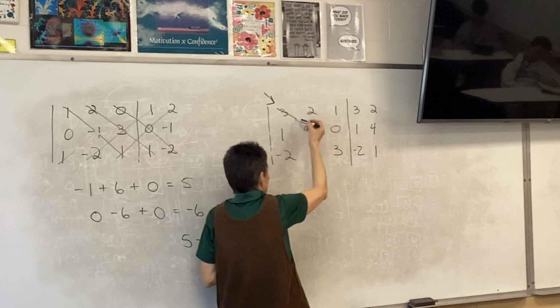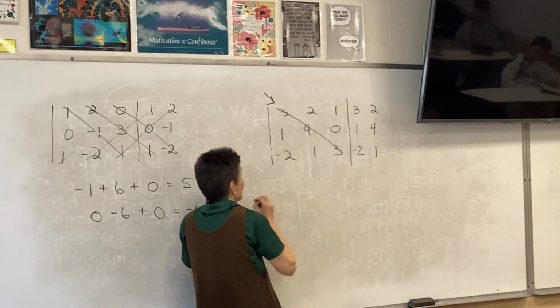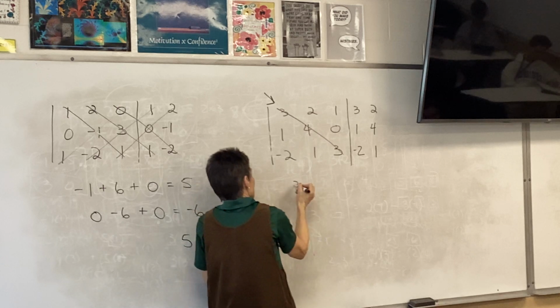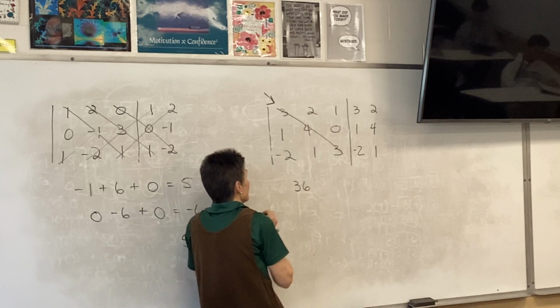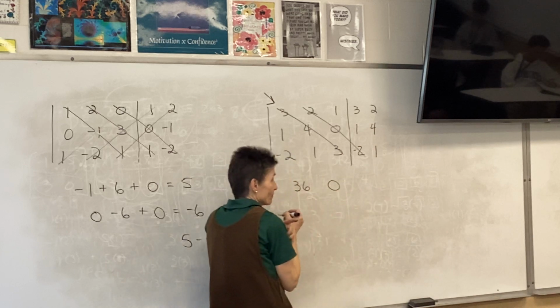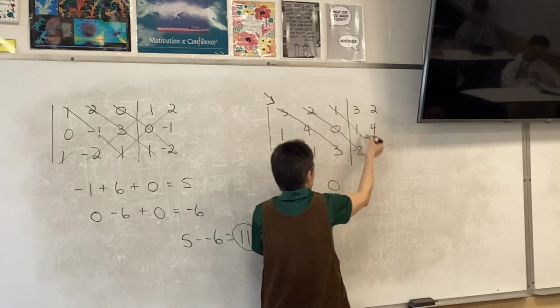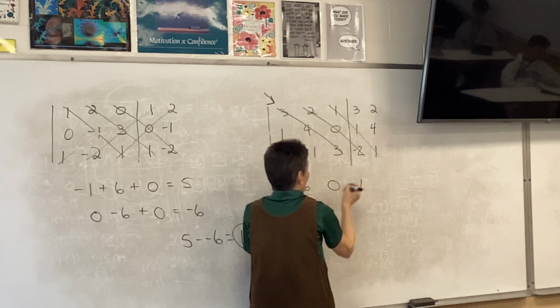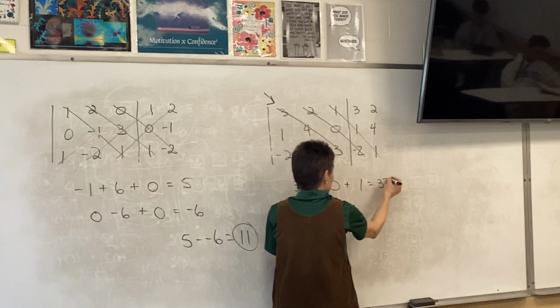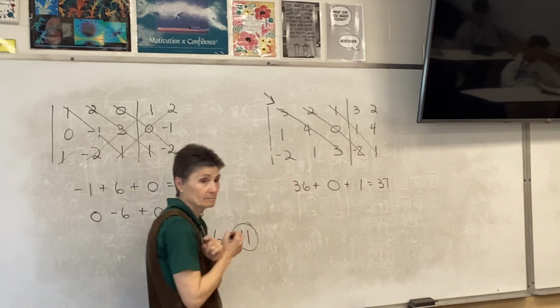So multiply, multiply, multiply, what do we get? 36. Zero. Multiply, 0. Multiply, 1. Add them up, that total is 37.